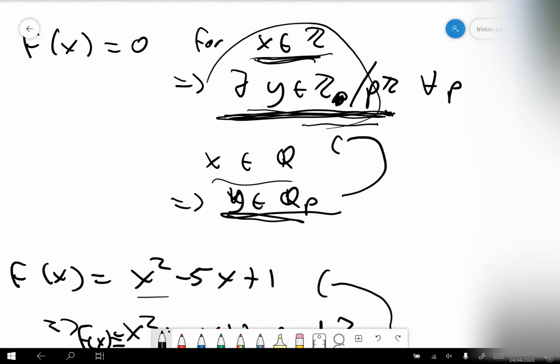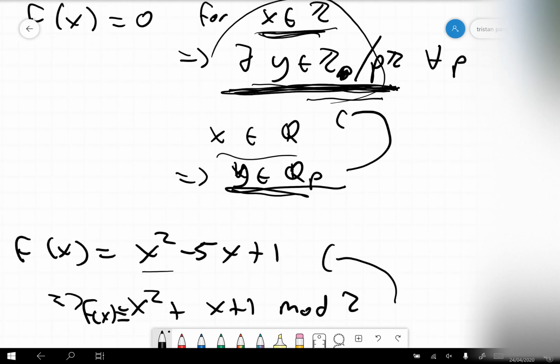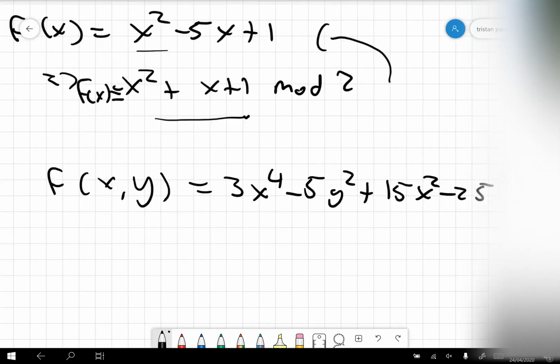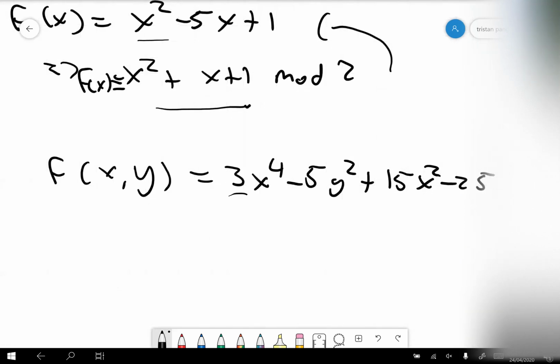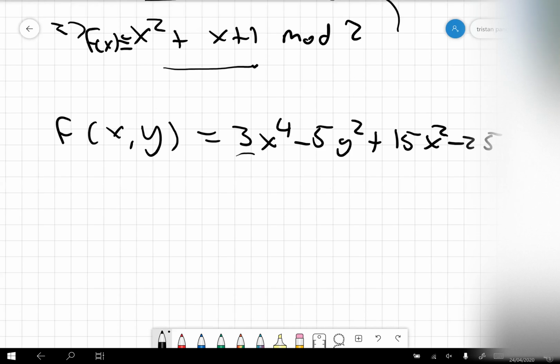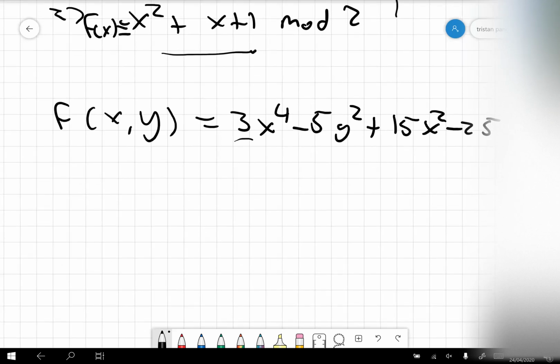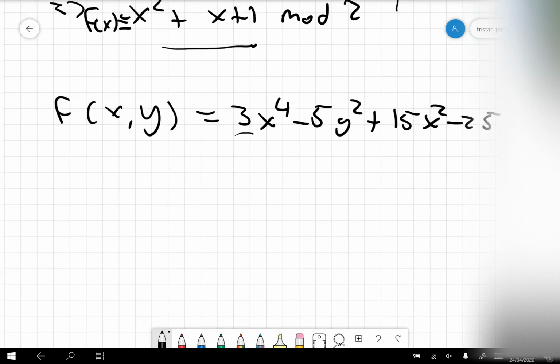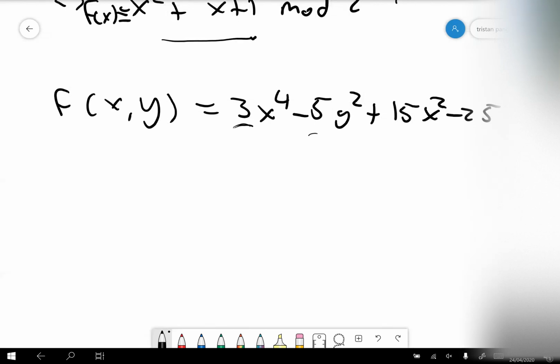We can't look at the polynomial mod some p, because if we mod it by 3, it still has a solution. If we mod it by 5, it still has a solution. So those don't give us any information. And modding by any other prime wouldn't give us much either, because we only have factors of 3 and 5.